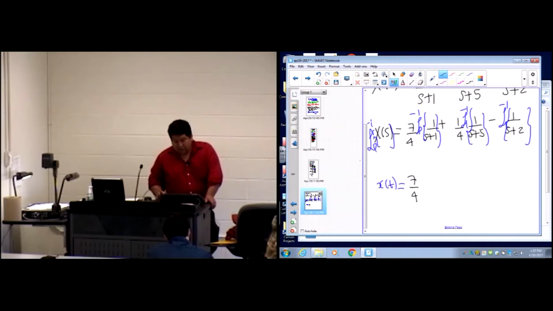The inverse Laplace transform of 1 over S plus 5 would give us e to the minus 5t. And the last one would lead to e to the minus 2t. So this is 7/4 e to the minus 1t plus 1/4 e to the minus 5t minus 1 e to the minus 2t.